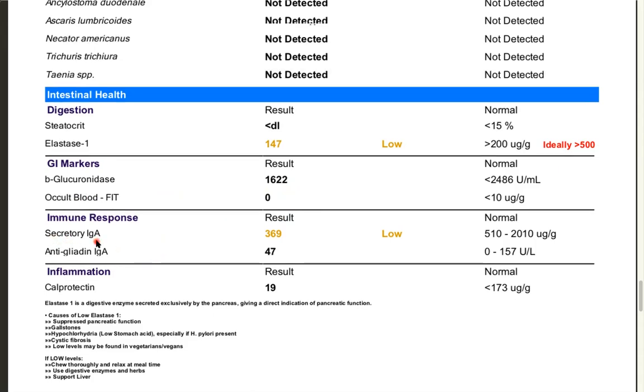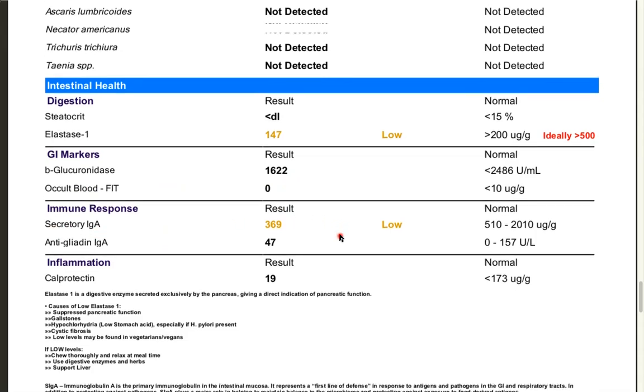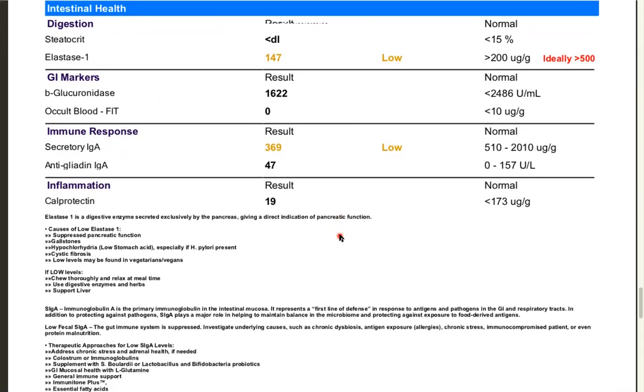The secretory IgA was found to be a bit low. Our secretory IgA is our first line of defense in our gut. So 70% of our immune system is in the gut. And so secretory IgA is a really good indicator of whether we have a balanced microbiome and whether our immune system in the gut is protecting well, whether it's protecting us from exposure to food-derived antigens or bacteria.